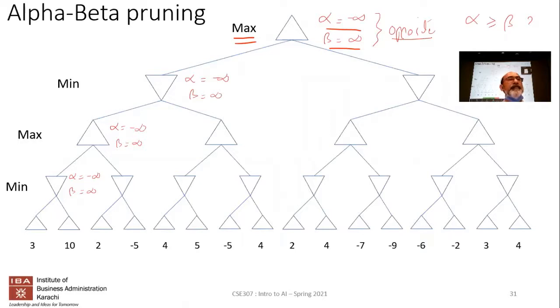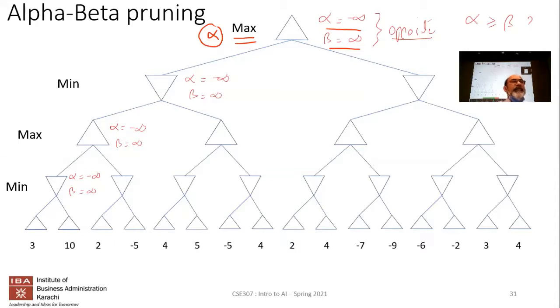The reason is kind of obvious. You're trying to make alpha the maximum. Alpha has to finally give you the answer for the minimax value for the max, so it has to achieve a certain maximum. If it has to rise up to the maximum, you want it to start off from the absolute minimum possible.